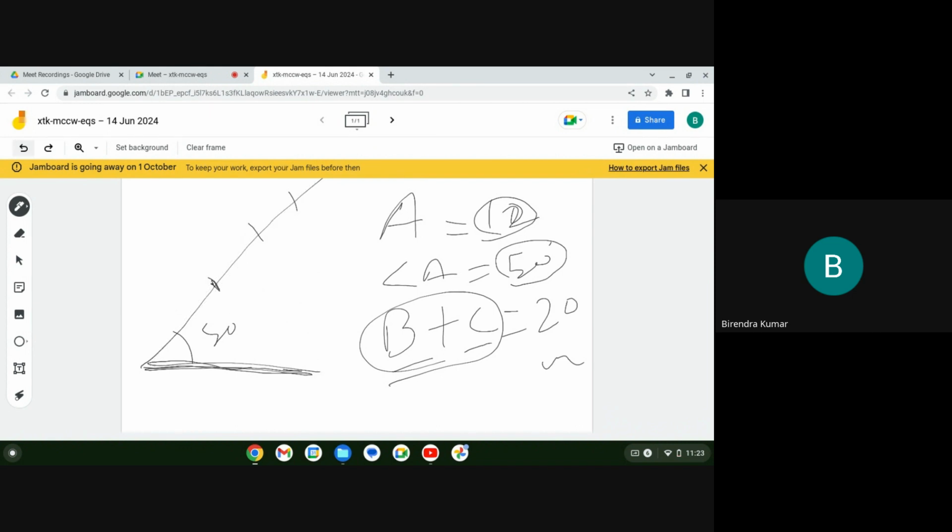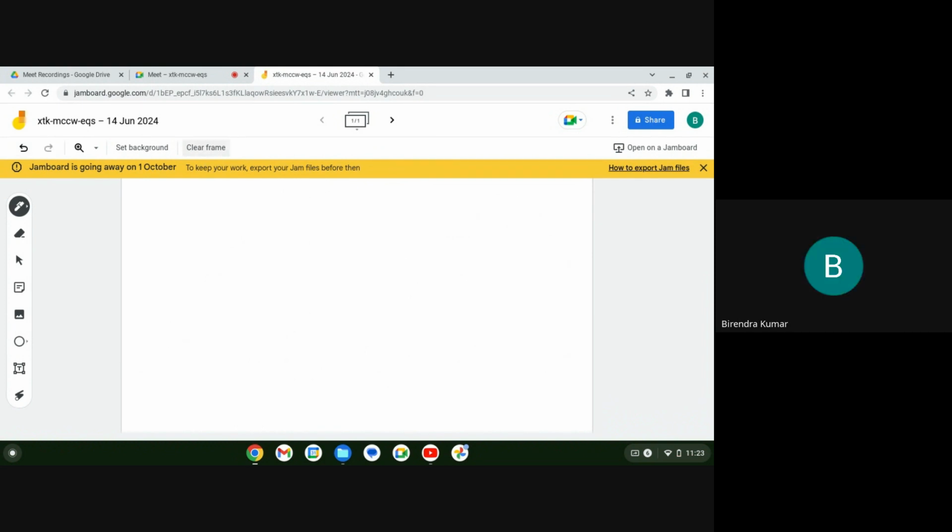Now, what you will do is you have drawn the base, then you have drawn the angle. Your base is, let's say, 10 centimeters, and the sum of the other two sides is 20 centimeters. And the angle is 50 degrees.